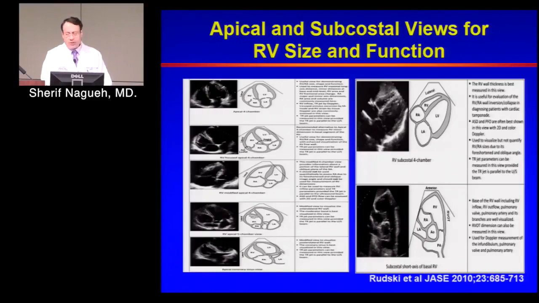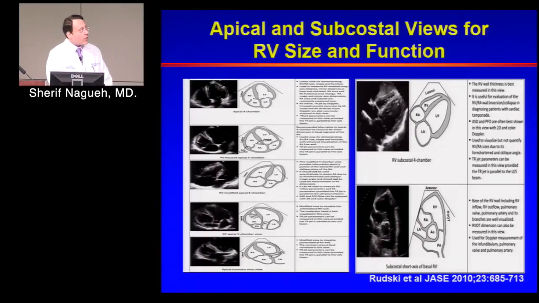How reproducible are these measurements? If you pay attention to the view in which the measurement is performed, and you try to reproduce the measurement in the same view, or if you're looking at the repeatability of a study, you aim to get the same view and then use it to get the measurements, this should be reproducible. Where problems happen with reproducibility is if someone measures it on the apical four-chamber view and someone else uses an RV-focused view.